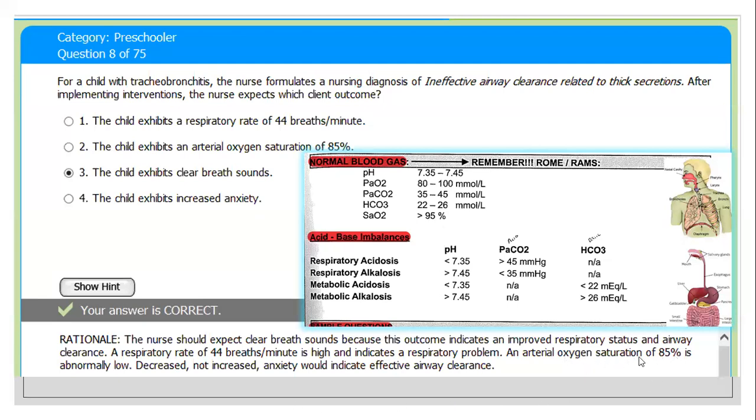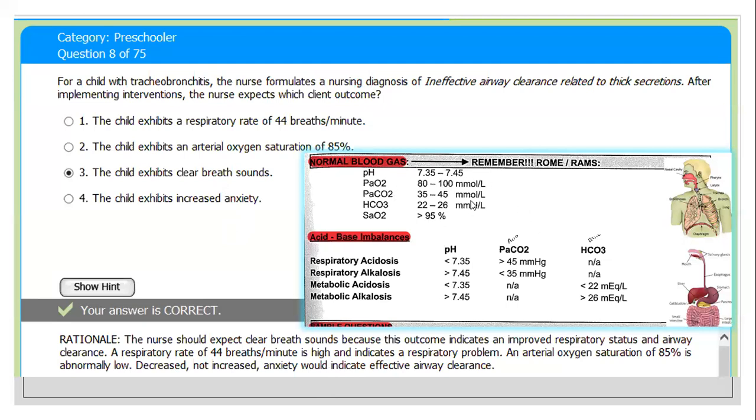Arterial gas saturation 85 is abnormally low. Decreased anxiety should indicate effective airway clearance, right? So nobody wants to increase the anxiety. If I have a disease, shortness of breath, I'm struggling for the air, anxiety will catch me up.